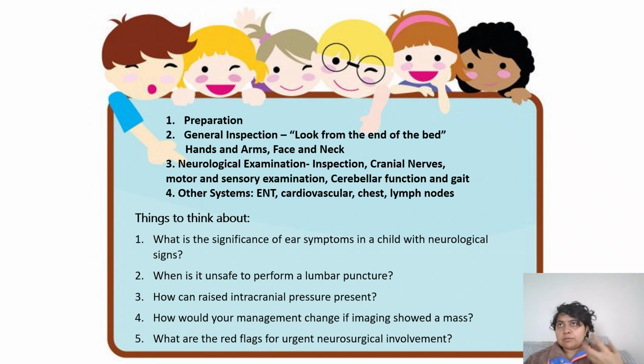And if you're thinking in terms of infective etiology, which would be suggested if she has a fever or any rashes anywhere, then think of IV antibiotics and doing a lumbar puncture if you're thinking in terms of meningitis or encephalitis. And of course, supportive treatment, like making sure that she's hydrated well and her pain is controlled well, would be a supportive part of the treatment.